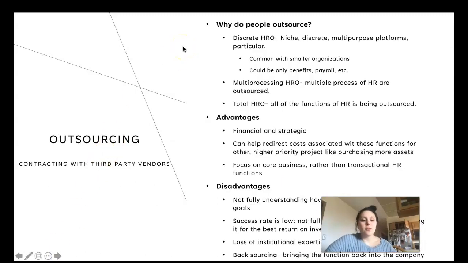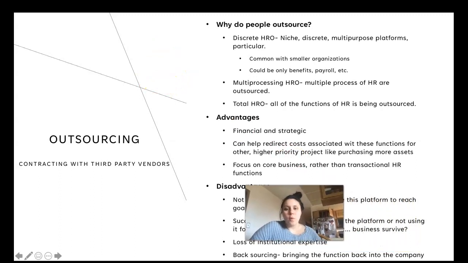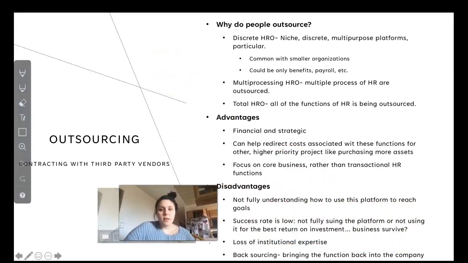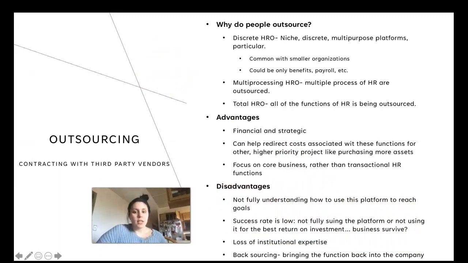Outsourcing. This would be contracting with third-party vendors. Why do people outsource? Some outsource for discrete, multi-processing, or total HRO. Discrete is niche, multi-purpose platforms. It's something for very small, particular organizations that are just looking for benefits or payroll, not a whole system put together, because it might be something they're not able to afford.